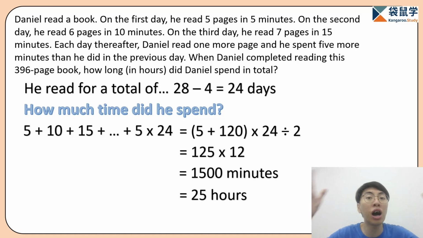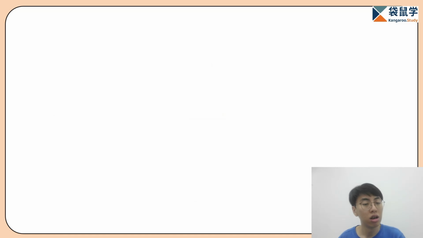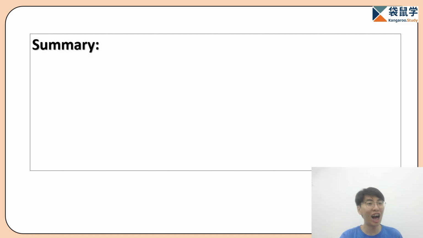So let's move on to our summary to see what we have learned in this question. For the first thing, our summary. What have we learned at the beginning of the session? For an arithmetic sequence, we have this thing called the Gauss method, where to get the sum of an arithmetic sequence, what do I need to have?